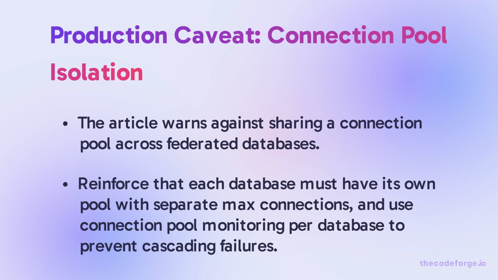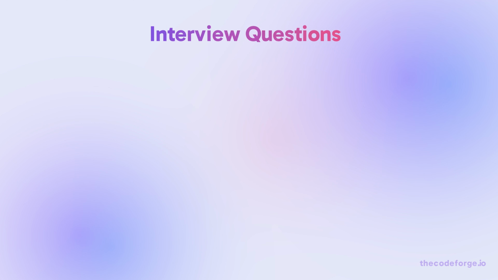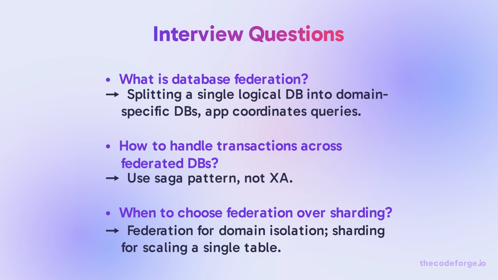Reinforce that each database must have its own pool with separate max connections, and use connection pool monitoring per database to prevent cascading failures. When you see a lock wait timeout, check if the transaction spans multiple databases. Use show engine INNODB status to find transactions holding locks, then kill the offending transaction and refactor to single database transactions.